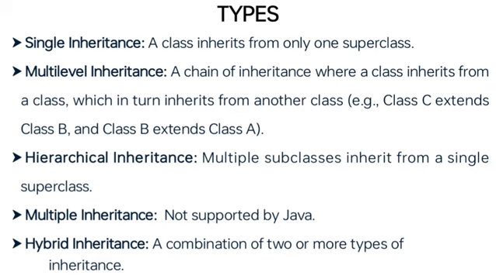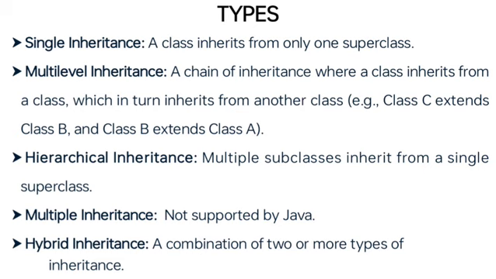In single inheritance, a class inherits from only one superclass. One class derives the properties of one parent class; that is called single inheritance. Multi-level inheritance is a chain of inheritance, that means one class derives the properties of a parent class and another class derives the properties of the derived class. That is called multi-level inheritance.